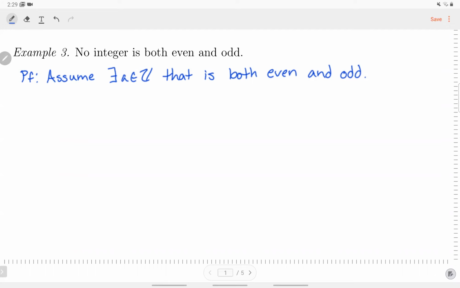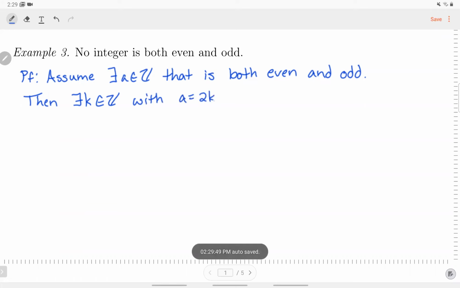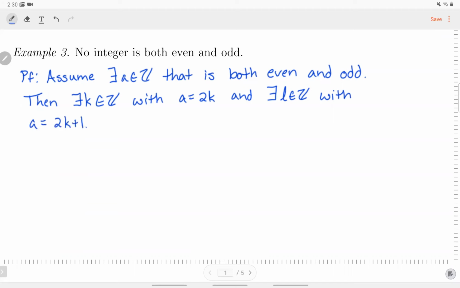Well, what's it mean to be even? So then there exists a k in the integers with a equal to 2k. And what's it mean to be odd? There exists an L in the integers with a equal to 2L plus 1.